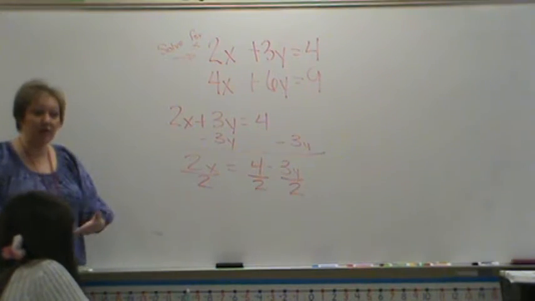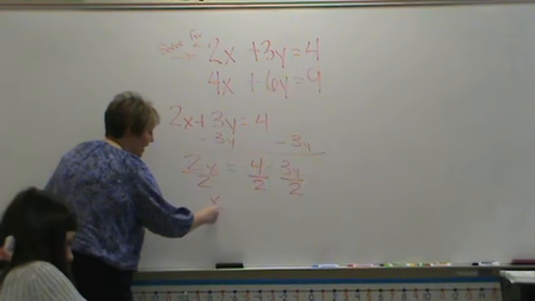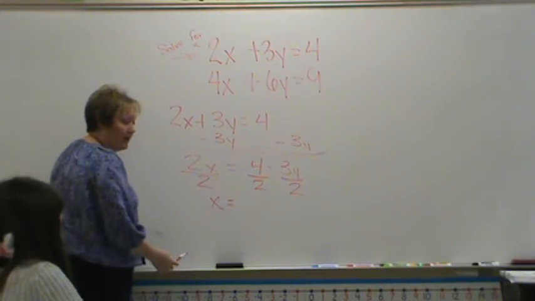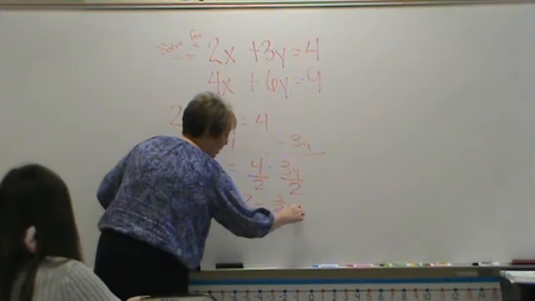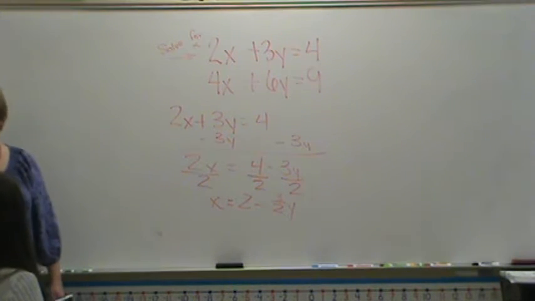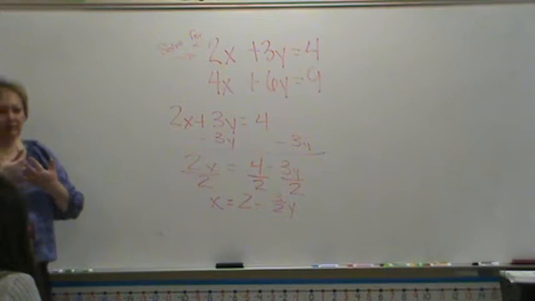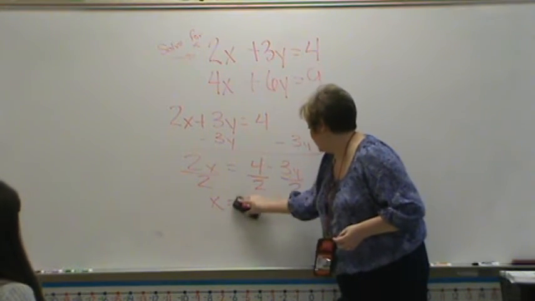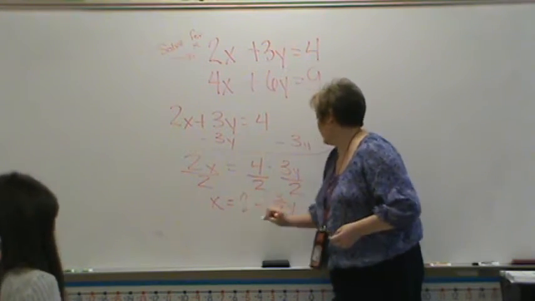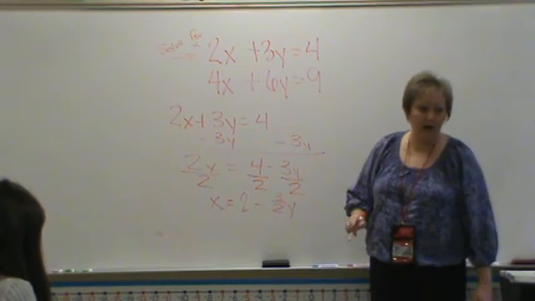I need you to put that fraction bar under each term separately, okay? So we've got x equals, what's 4 divided by 2? 2 minus 3 over 2 y. Oh, I know y'all love that one with that fraction in there. I can feel the love. X equals 2 minus 3 halves of y.